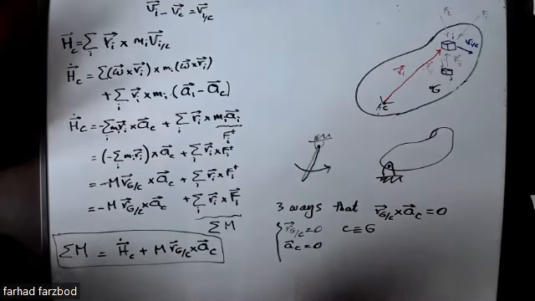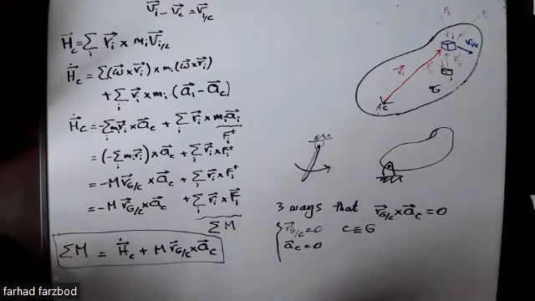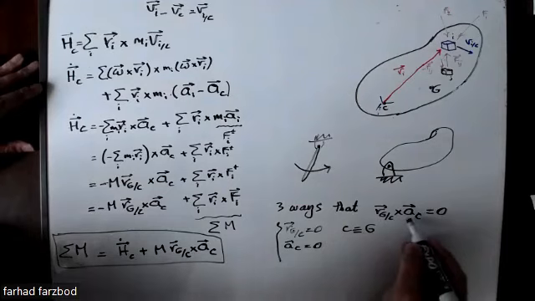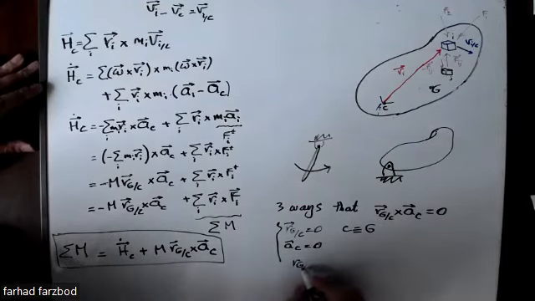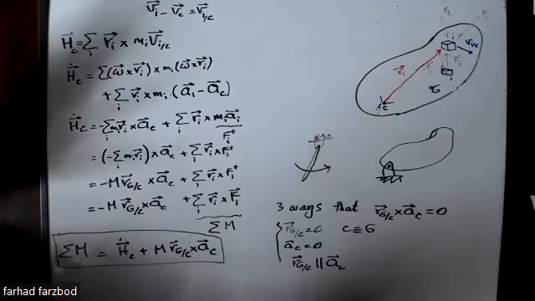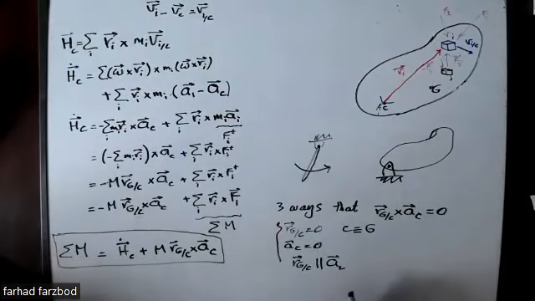The other condition that is rarely used, you can safely forget about that, is that this cross product equals 0, meaning that these two are parallel. So RGC is parallel to AC. Then if it is parallel, the sine of the angle between them becomes 0.